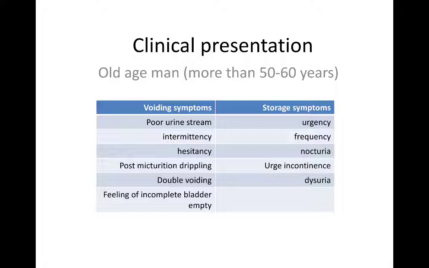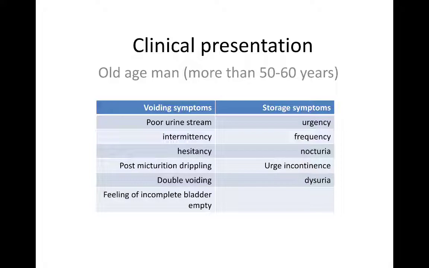Post-micturition dribbling is when, after the patient completes urination, there is a drop of urine that passes from the urethra.